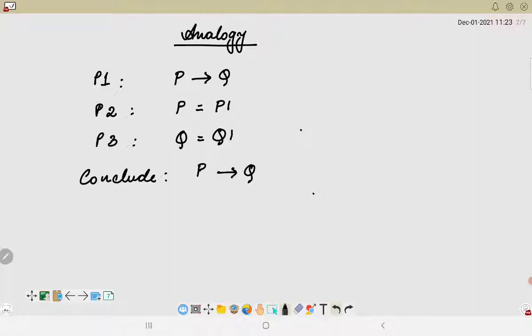Okay, so let me give an example through this. First, if I'm considering premise number 1, let me consider gentle people are soft spoken.